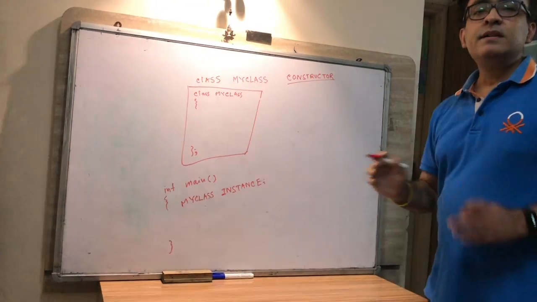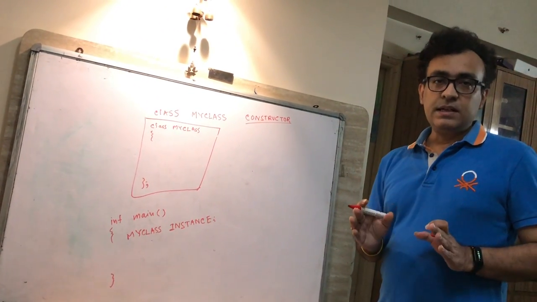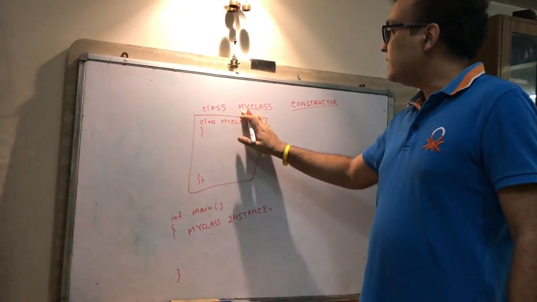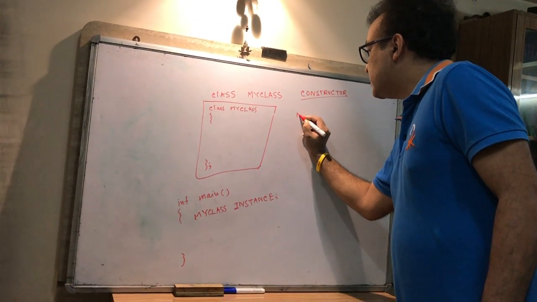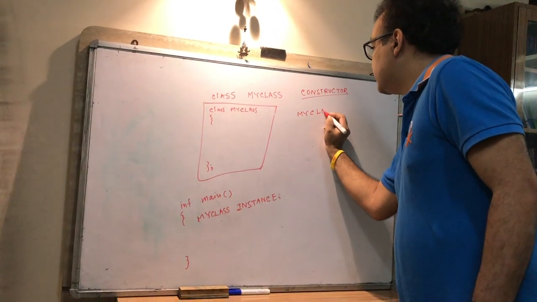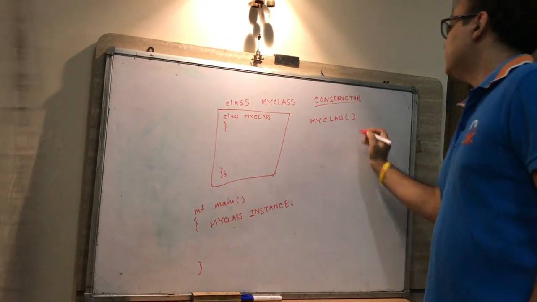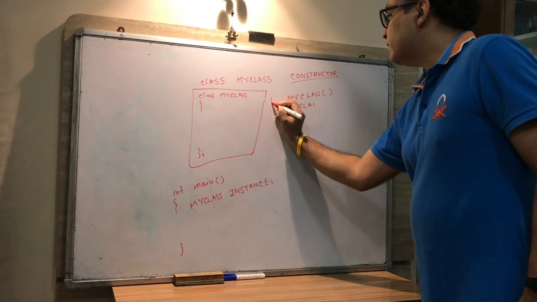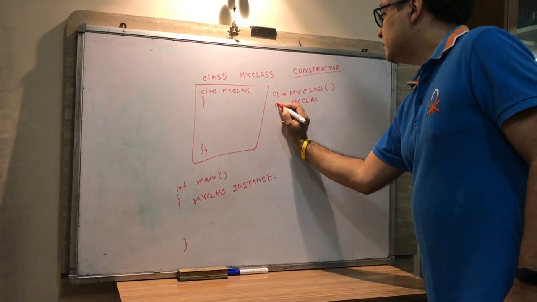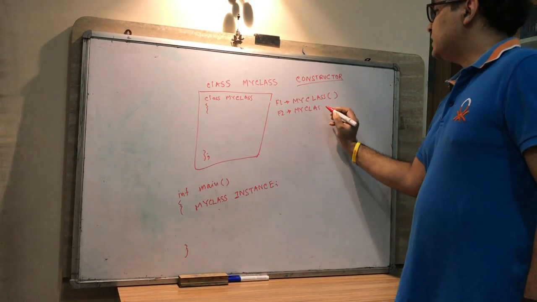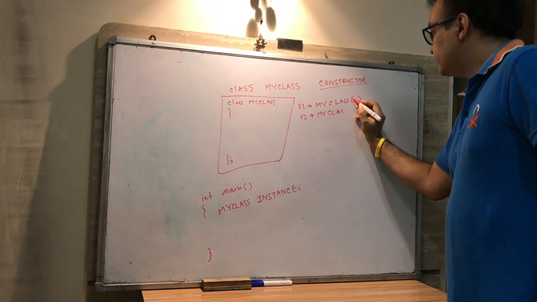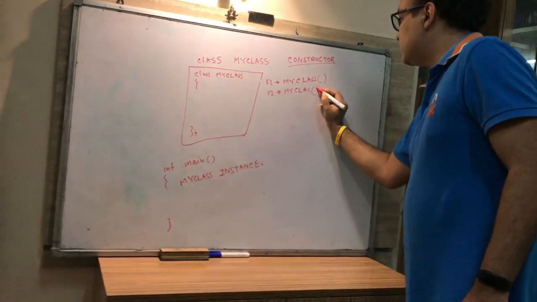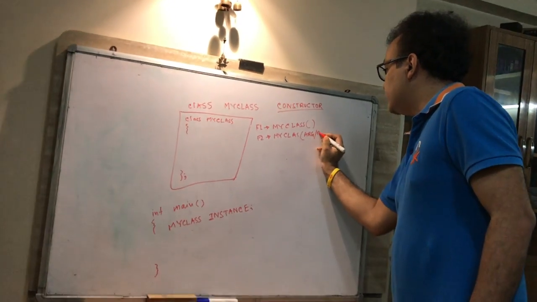Remember that a constructor is a special function which does not have a return type, and it may or may not have any parameters. So if the class name is MyClass, the constructor is a special function which does not have a return type. So it will be MyClass. It can have some arguments. This is my function 1, that means the first constructor. It can have some parameters also.